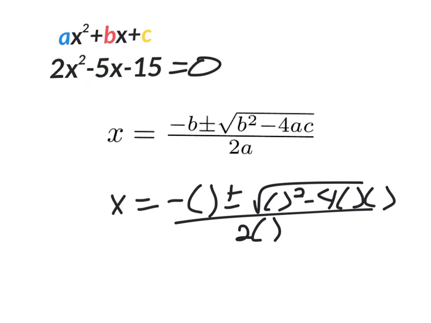So we need to be sure we write in negative 5 everywhere the b is supposed to be. And then everywhere we want to write an a, we're filling in the a with a 2. So I'm simply going to plug in the 2 here and here. And then finally, the c is negative 15. So I'm going to be sure to plug in negative 15.